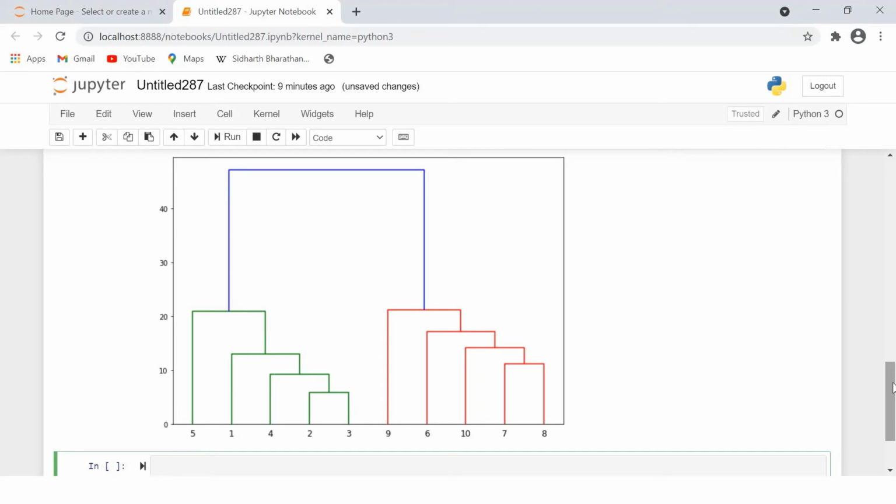See, the algorithm starts by finding the two points that are closest to each other on the basis of Euclidean distance. If we look at graph 1, we can see that points 2 and 3 are closest to each other, while points 7 and 8 are close to each other. Therefore, a cluster will be formed between these two points.